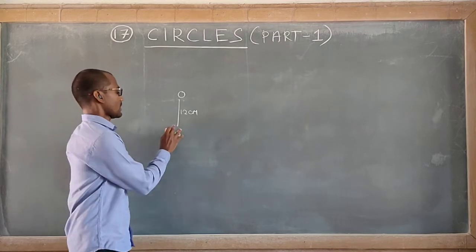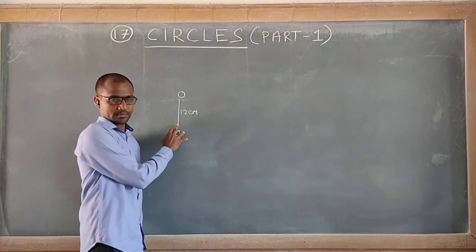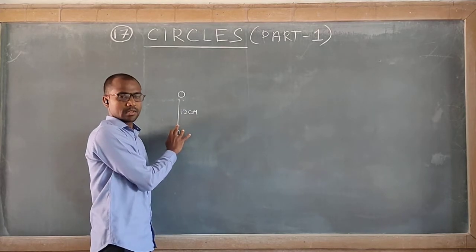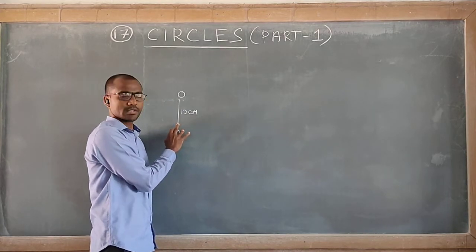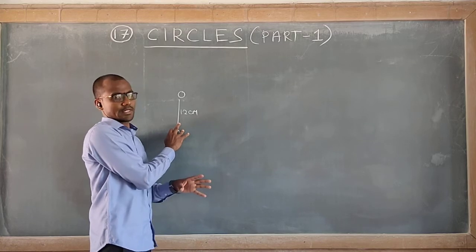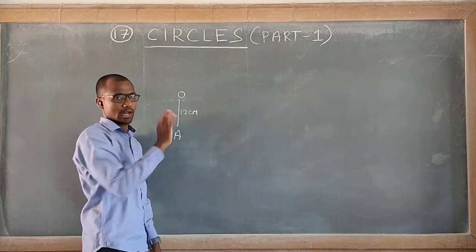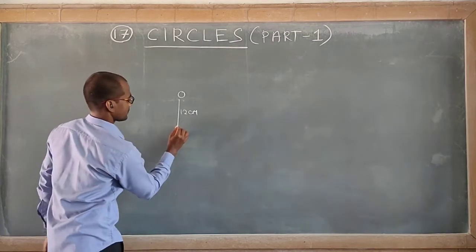Suppose I move this point A in this plane in such a way that its distance from O will not change. Means it will always be 12 cm from the point O. Then how can I move it?